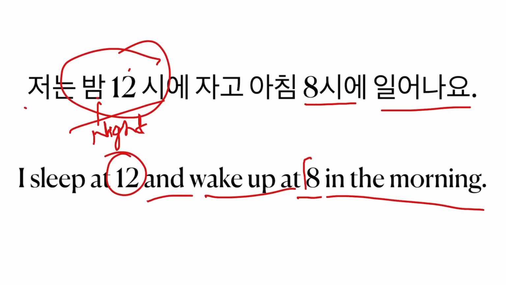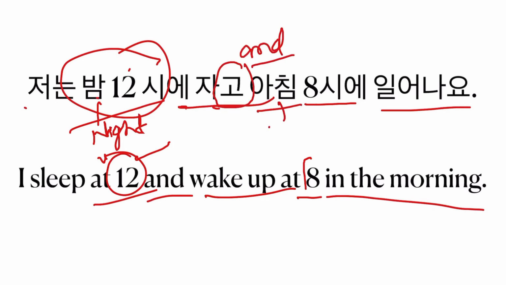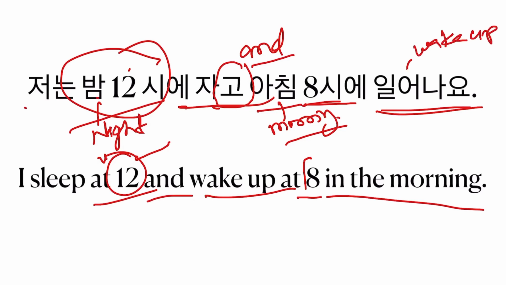In the English one, we haven't used night because you don't need to say. But if you want, you can say at 12 in the night. I sleep at 12 in the night. 자고. So we have used go for and. 아침 is morning. 8시에 일어나요. 일어나다 is to wake up. Simple, right? Let's see the next one.